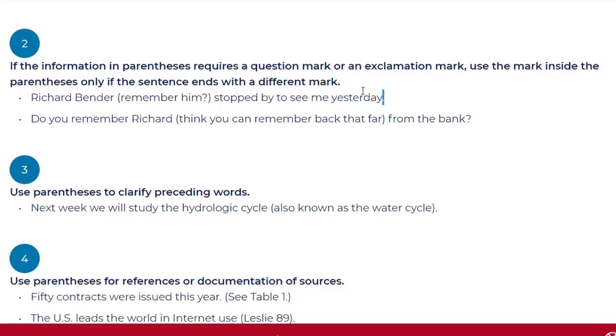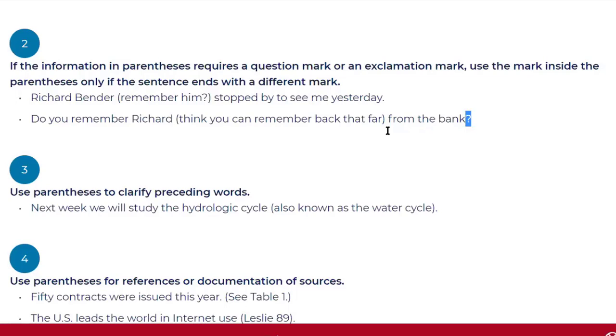The rule says if the information in parentheses requires a question mark or exclamation mark, use the mark inside the parentheses, only if the sentence ends with a different mark. Now the second sentence ends with a question mark, meaning this is the same punctuation mark. Here it was another punctuation mark.